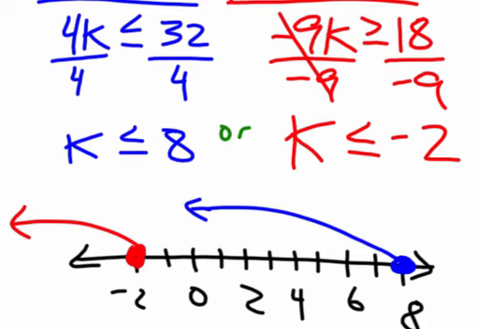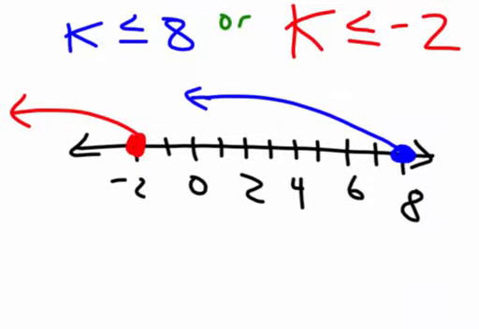Well, if I think about this, like 8 works, 6 works, 4, 2, 0, -2. Everything less than or equal to 8 works. So I don't really necessarily need that red graph, do I? Because my blue graph is going to take care of all that, isn't it? So I could leave it just like this. That's perfectly fine.